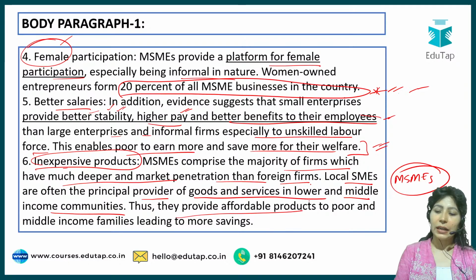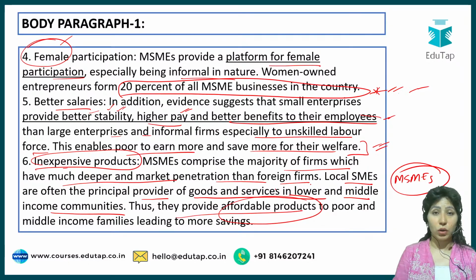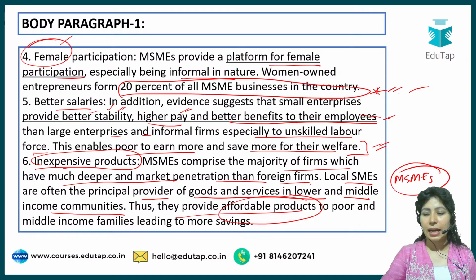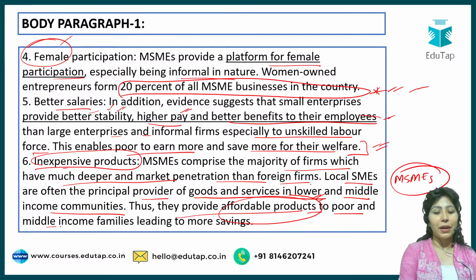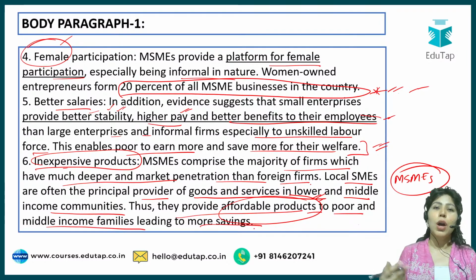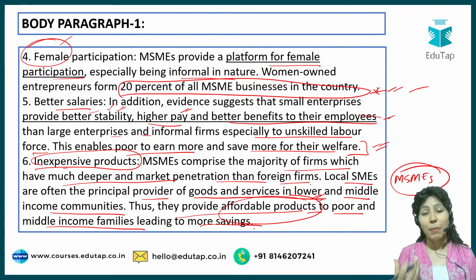Thus they provide affordable products. So a lot of people can have access to chips or soft drinks, or any such items, because these are much more affordable as compared to the ones available in big cities. So these are affordable for poor and middle income families, leading to more savings. So in a way, it is better.